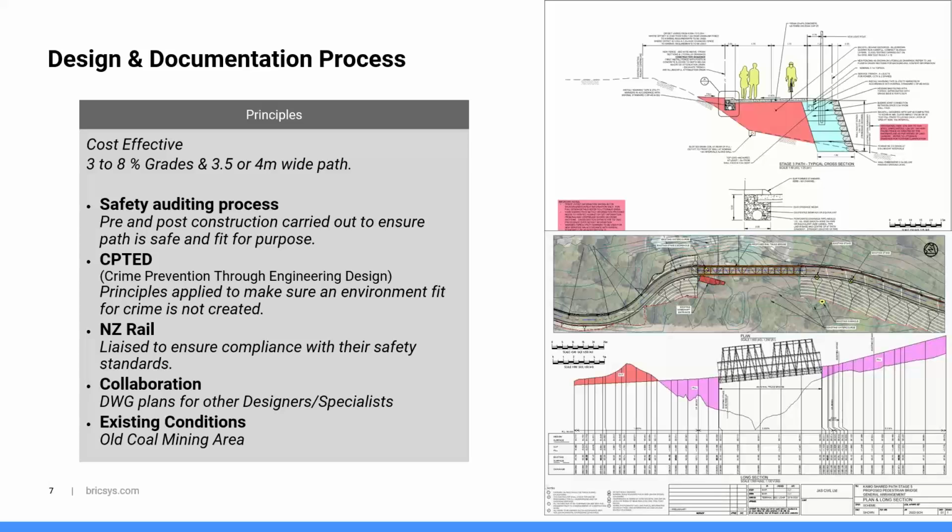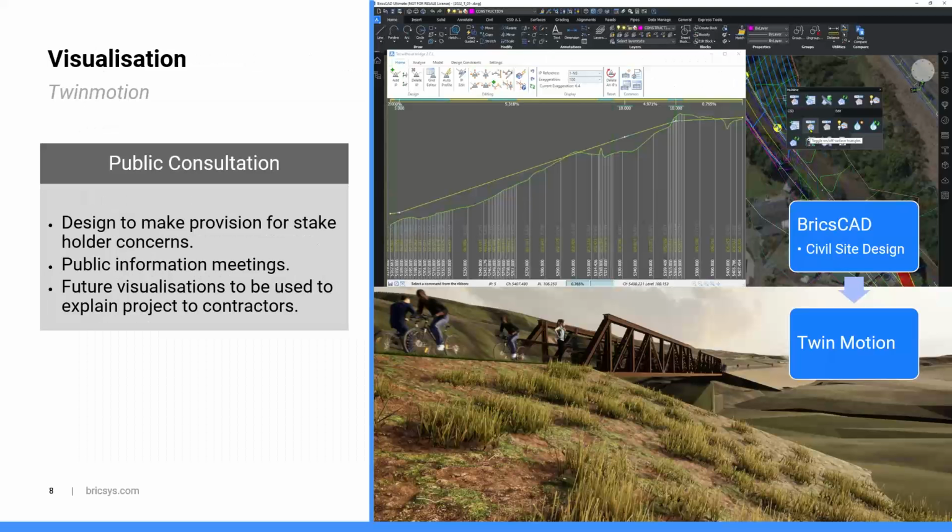That leads on to the whole visualization process, and this area is particularly interesting because you mentioned, Bruce, that there was quite a lot of public consultation. Part of what we need to do is go out and talk to the public and communicate to them what we're proposing. In the past, we've set up public meetings for stakeholders to come and have a look.